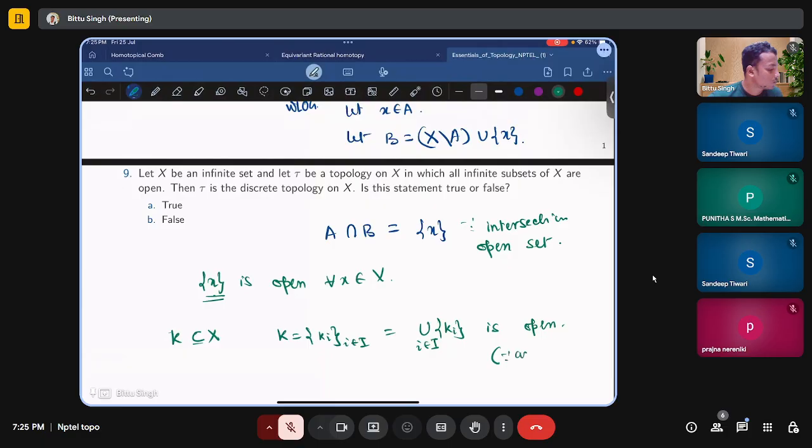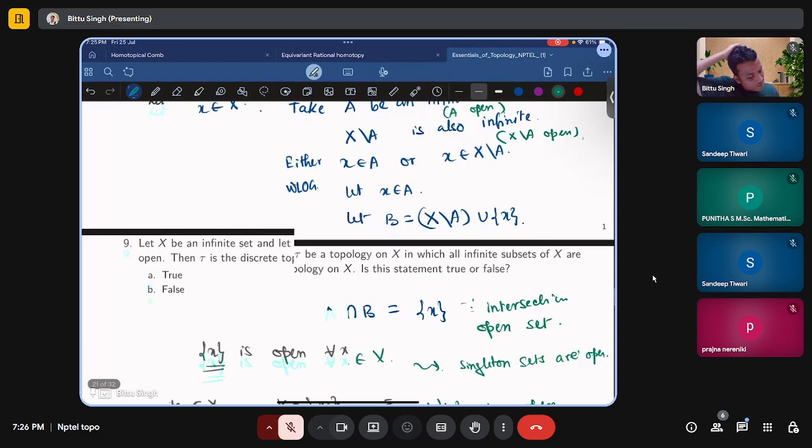Since an arbitrary union of open sets is open, here we have proved that singleton sets are open. And now we can see that any subset you give me can be written as an arbitrary union of singleton sets. And an arbitrary union of open sets is open because tau is a topological space.